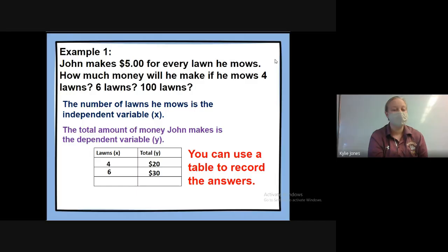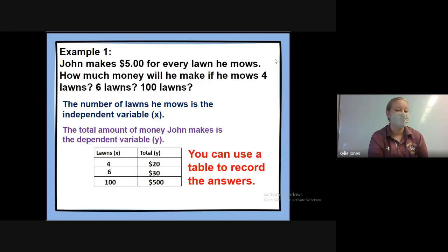What about 100 lawns? If he mows 100 lawns and we multiply that by $5, how much money will he make? $500.